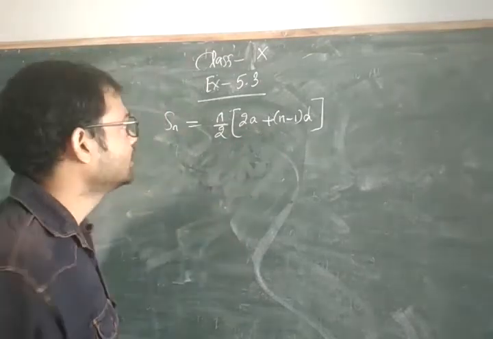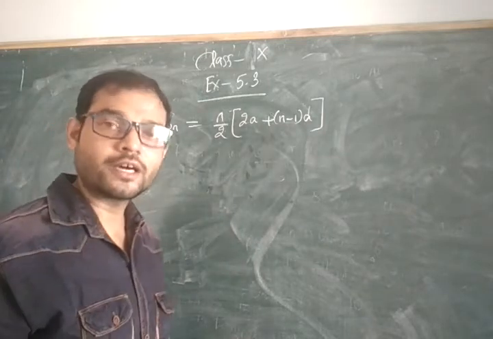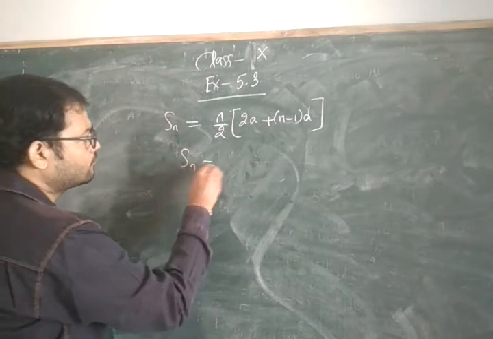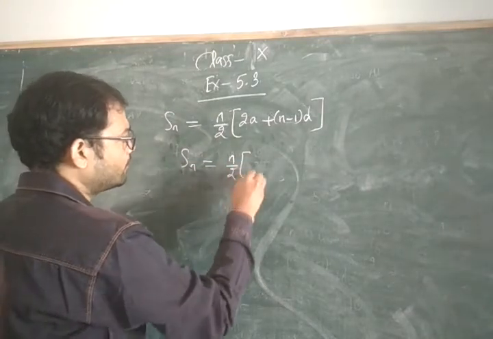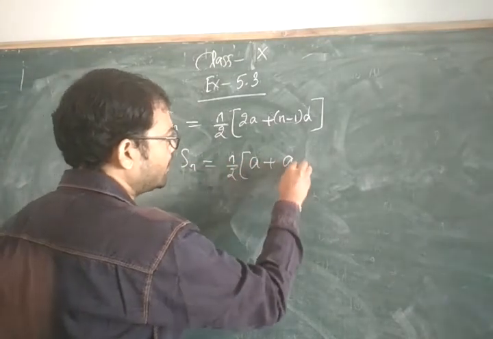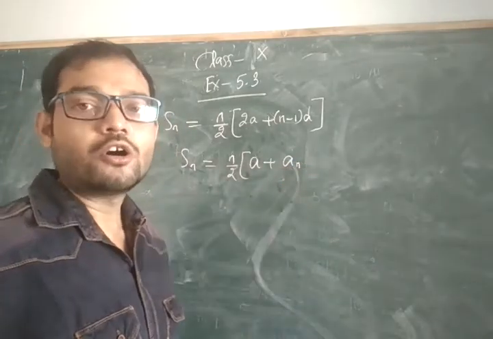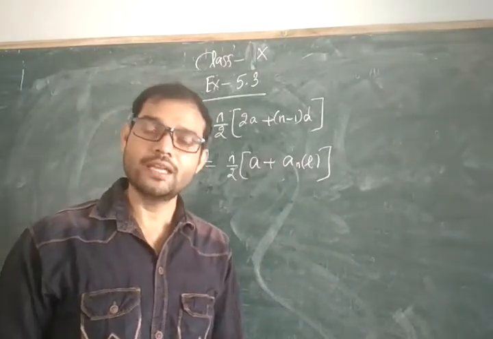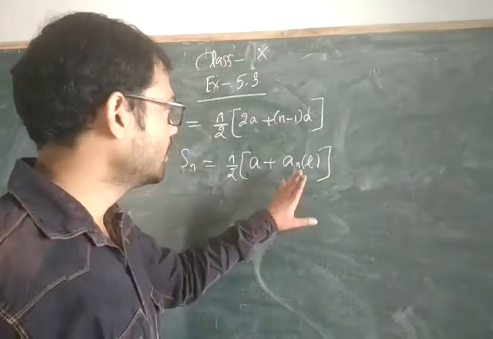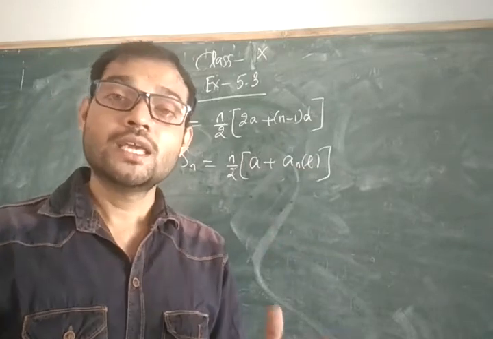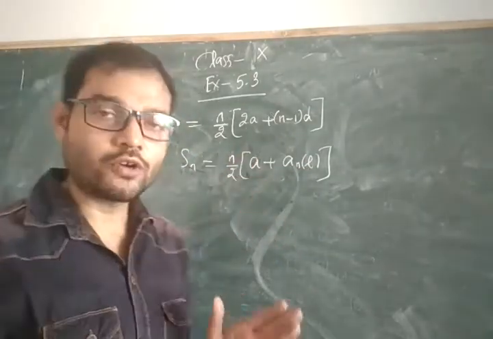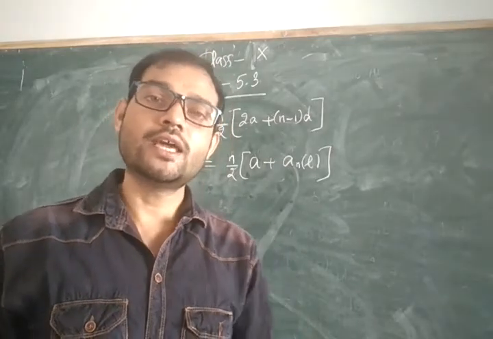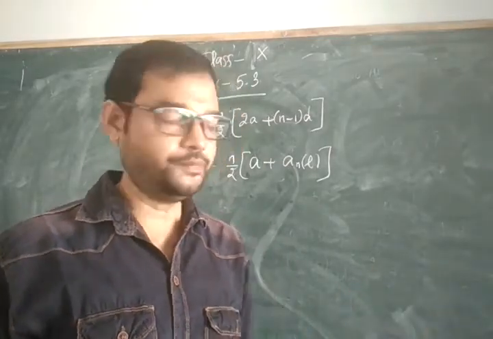In the same way, we have one more formula to find the sum of an AP, and that is Sn is equal to n upon 2 bracket a plus an. You can say an also, or you can say l also. L means the last term. An and l are both the same thing. So here can be l or here can be an also. So these are the two formulas which we will use for finding the sum of any given AP.